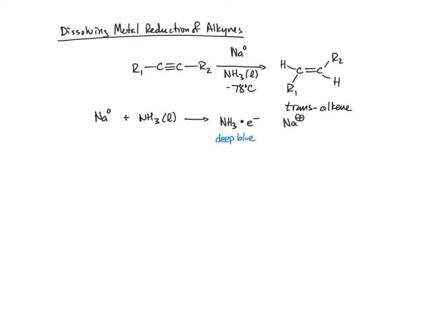I used to run a lot of these in graduate school, and I always found it really cool to watch that happen. You can actually see as you throw the sodium in there, the sodium dissolves, and then you form this deep blue color, which is indicative of this solvated electron. And that's what plays a key role in this reduction process.